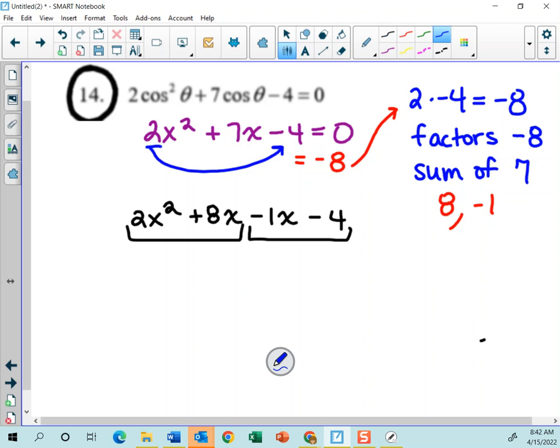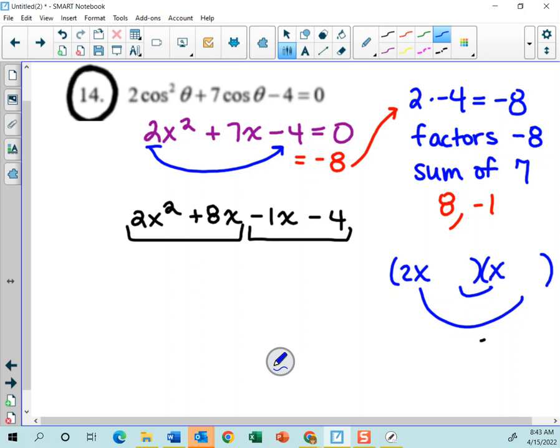This is actually not the way I learned. I learned just to kind of guess and check. What I would have done a little differently is start off by playing around with 2x and x, because I know that's how to get 2x squared. Then I would have fooled around to figure out how I'm going to get a 7 with multiplication and adding.